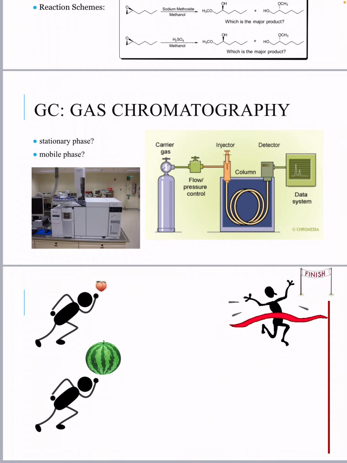It's going to tend to linger behind, which means the person carrying a product of less polarity will run the fastest. And the one carrying the most polar compound will tend to linger till the end. Does that make sense?